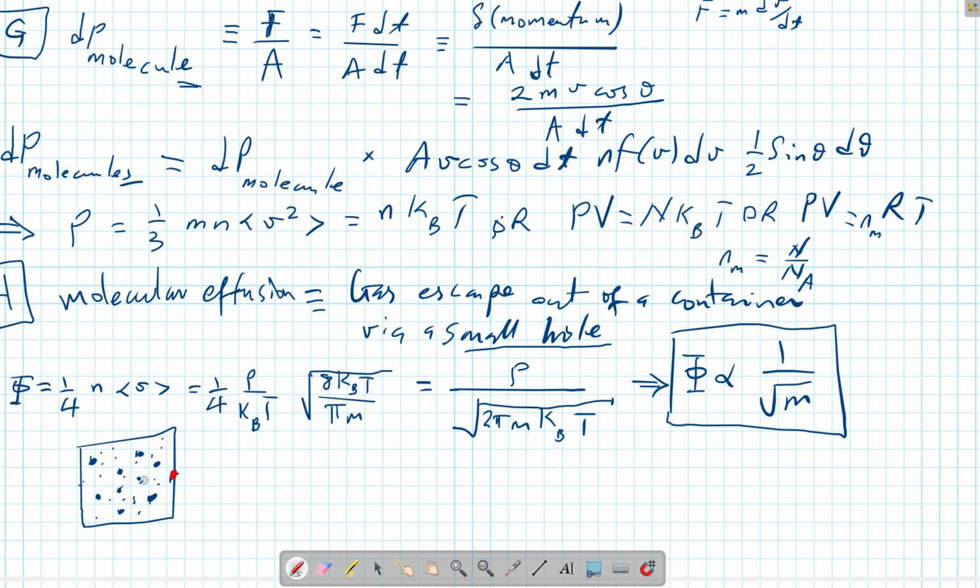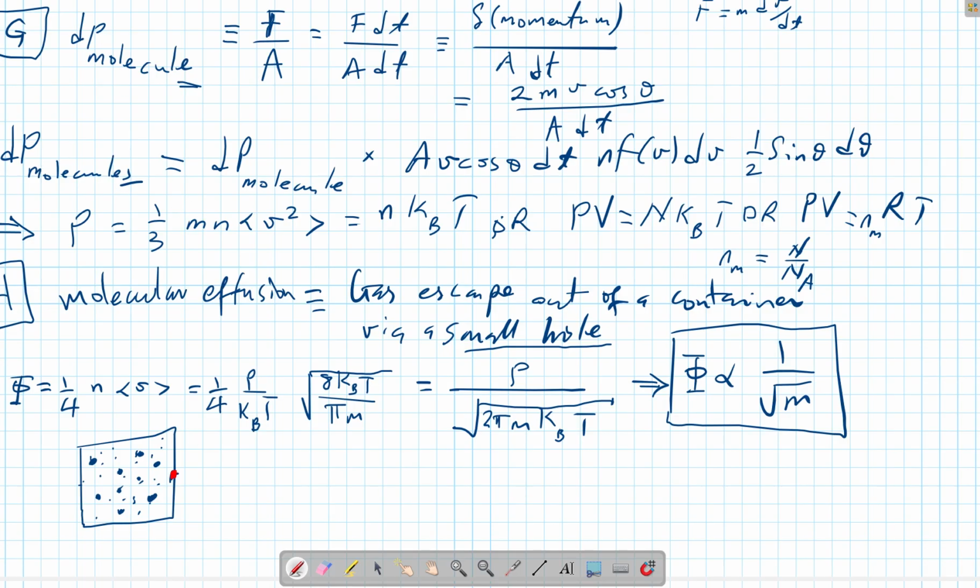If you have a mixture of two different types of molecules, you can use this to separate them. If it is difficult to separate chemically, you can use molecular effusion. So lighter gas molecules will effuse faster.